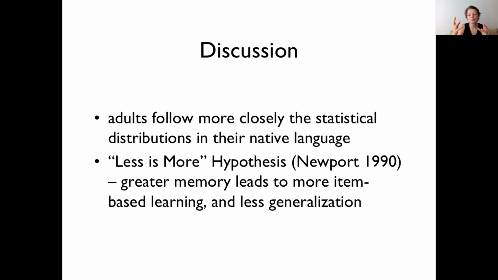There are languages in Africa that are like this. So I'm always looking for collaborators who are willing to test African languages for me to actually prove this completely right. But roughly the idea is that while babies take the most basic generalization, adults actually follow more closely the statistics of the input, as was also suggested by Elissa Newport long back for language acquisition.